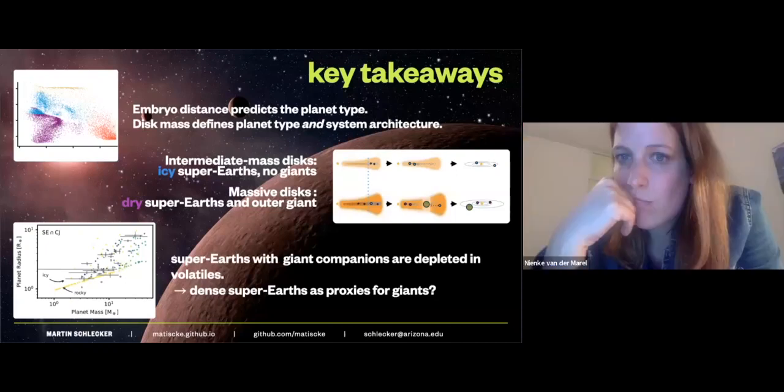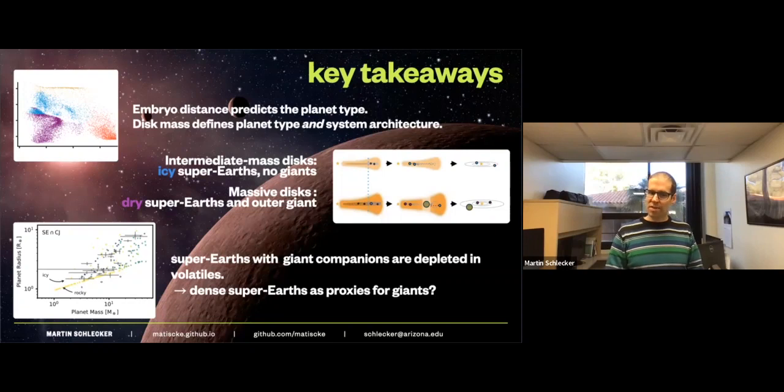What I suspect is the reason is that we still assume smooth disks, without any substructures. In my opinion, this is one big weakness of the model: an oversimplification of the disk structure. It's just a smooth power law disk.